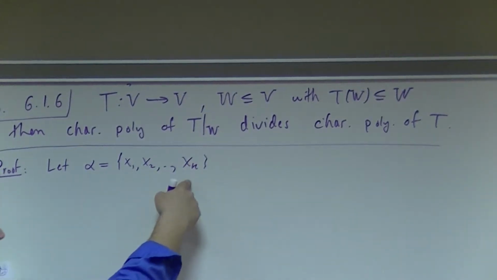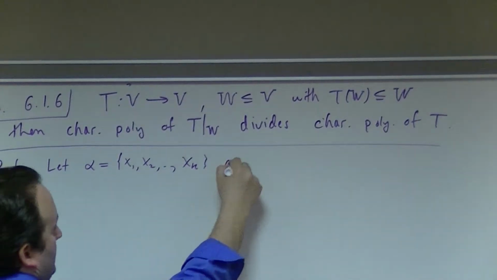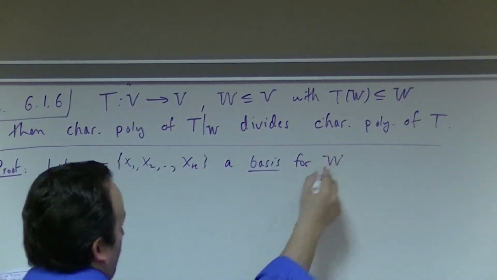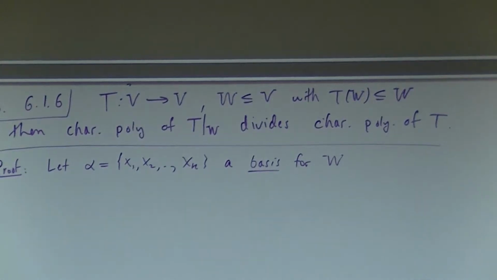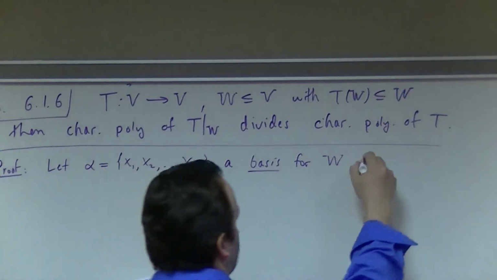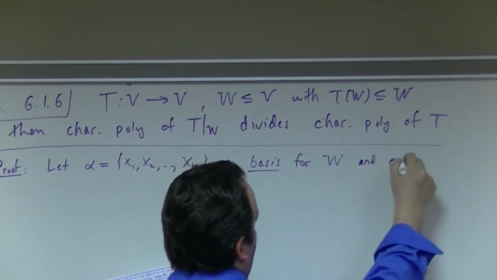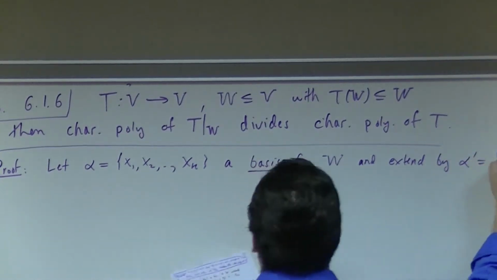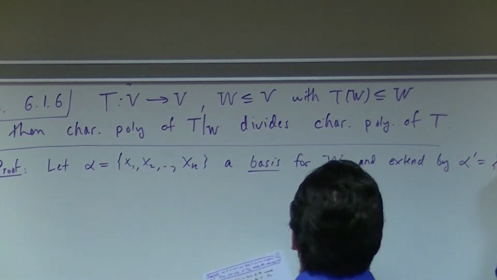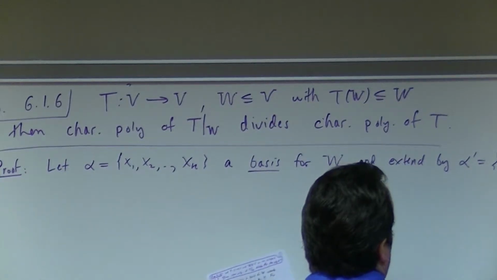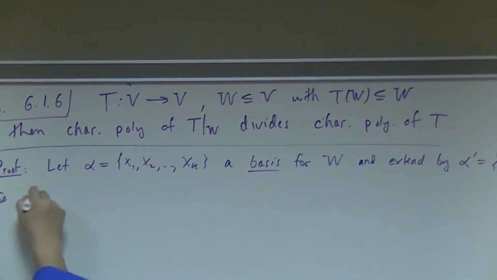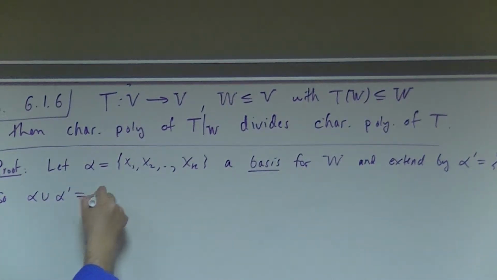We want this to be a basis for W. Let that be a basis for W, and then extend that by, let's say, alpha prime, xk plus 1, up to xn. So alpha union alpha prime equals beta is a basis for V.